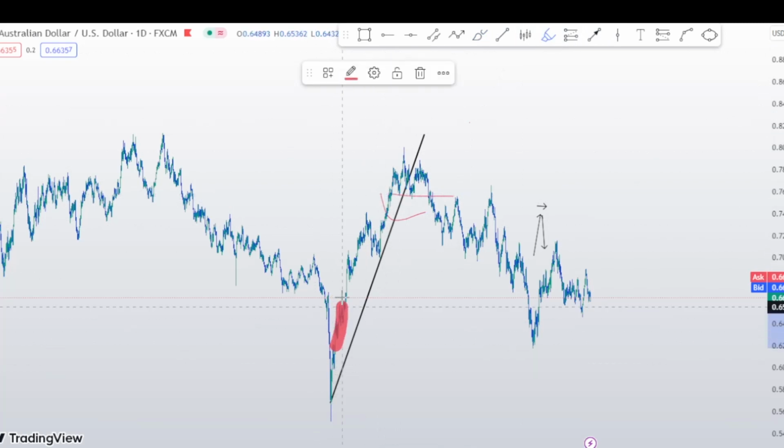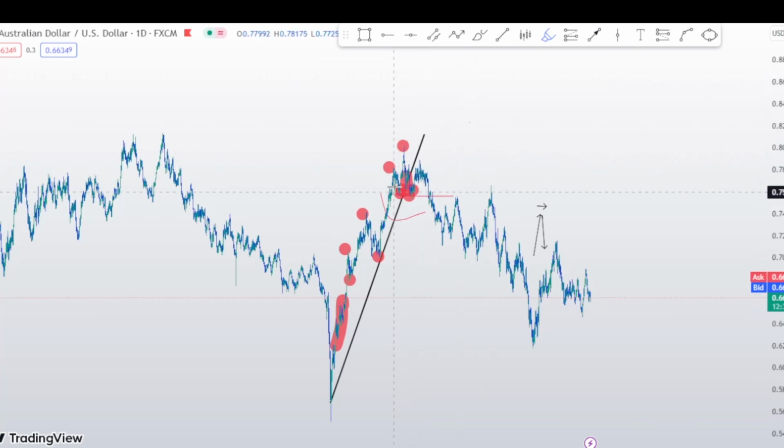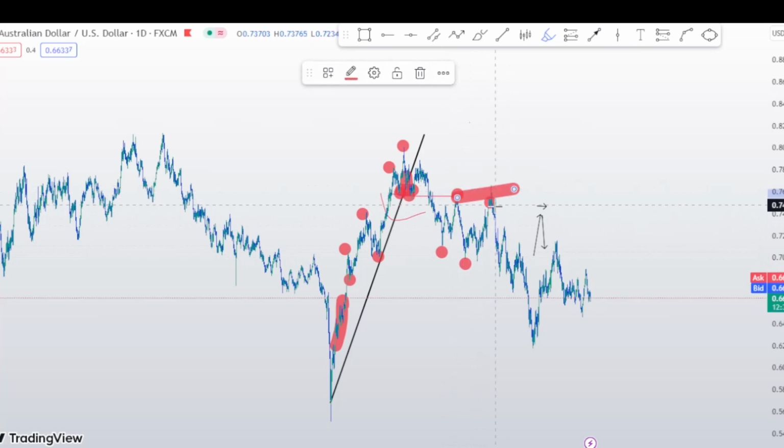So the market here was going up with a series of higher highs, higher lows, higher highs, higher lows, higher high, higher low, and the last high. And the market came here and broke this low, came back inside, created a head and shoulders inside, and then started going down. When it was going down, the market was creating a series of lower highs, lower lows, lower highs, lower lows, of which this one came in line with this one.